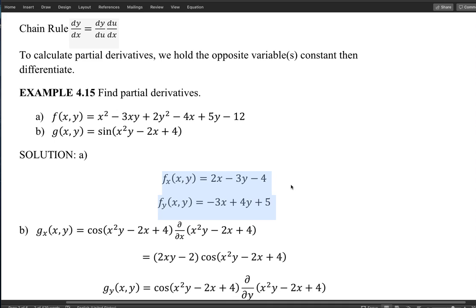And the trick is when you take the partial derivative with respect to x, consider y, or any other variables, as constants. And likewise, when you take a partial derivative with respect to y, everything about x turns out to be constant. How about let's take a break, and we'll be back in a minute. Thank you very much.